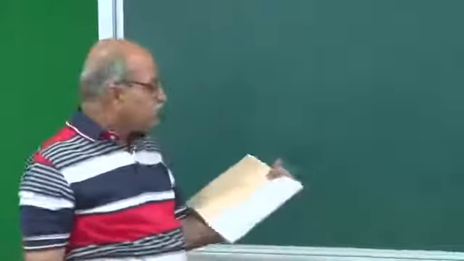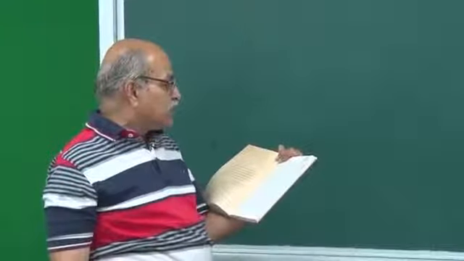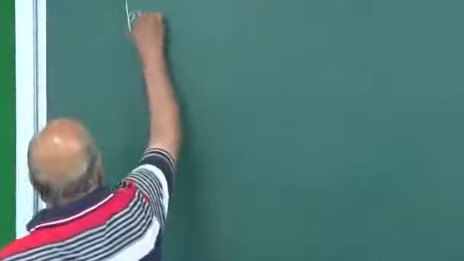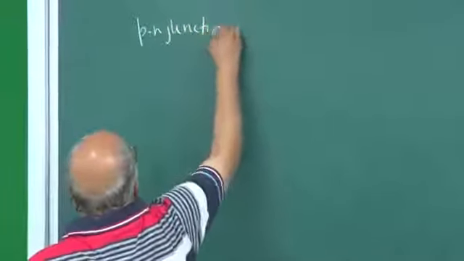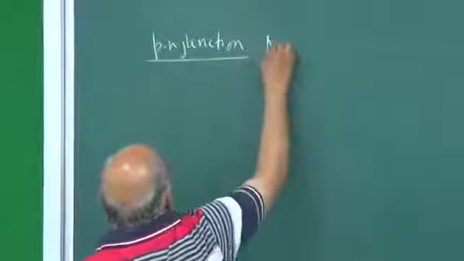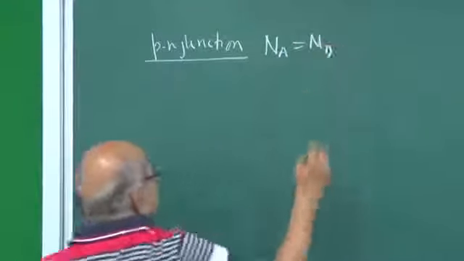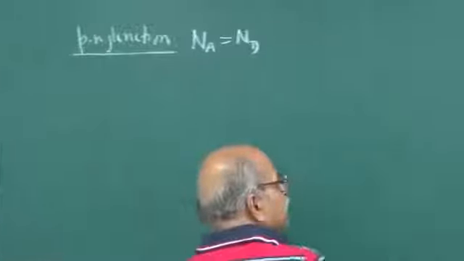Now let me do one more question, and that is on the p-n junction. It says that a p-n junction is formed by doping impurities with Na equal to Nd. So the number of acceptor impurities per centimeter cube is the same as the number of donor impurities.